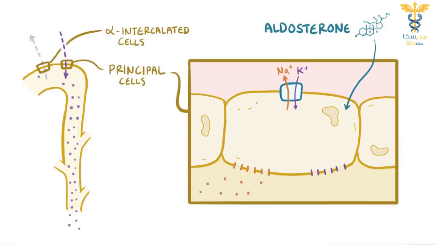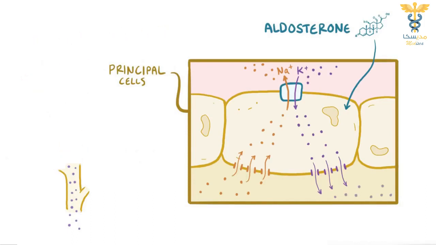This allows sodium to move from the tubule into the cell, and then get pumped into the blood by the sodium-potassium pumps. As the pumps collectively move more sodium into the blood under the influence of aldosterone, more potassium gets pumped into the cell, which raises the intracellular potassium concentration.